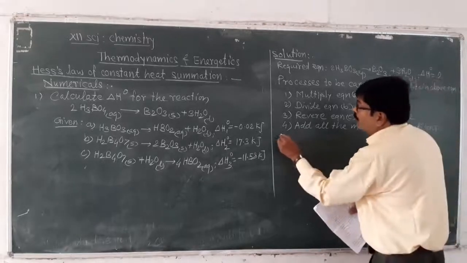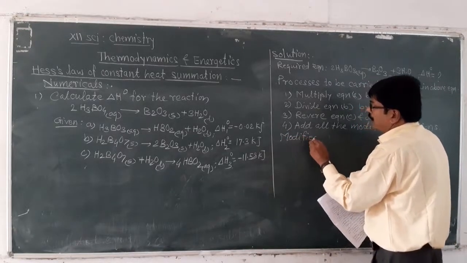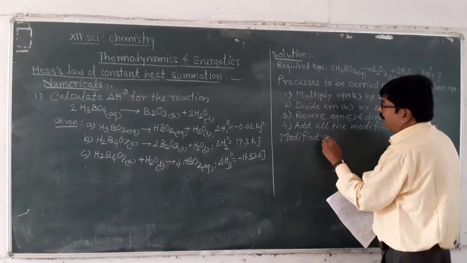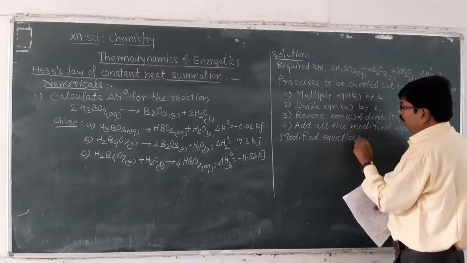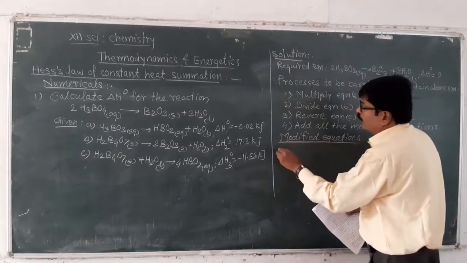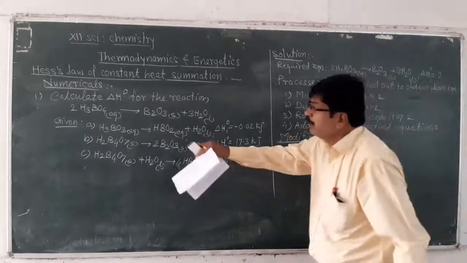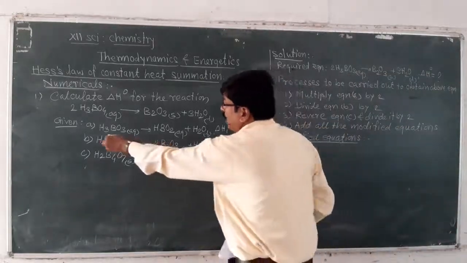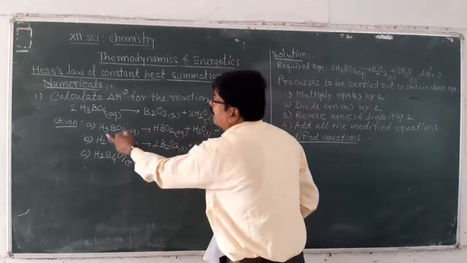Now, how are modified equations obtained? First, multiply equation A by 2. That means you have to multiply this whole equation by 2 along with enthalpy.